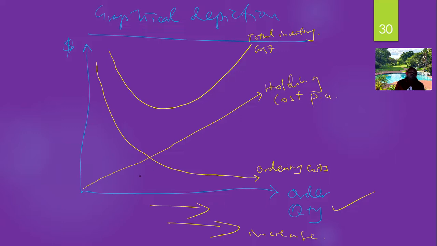The optimum order size is at this level, where the total cost graph is lower. The point at which the graph is lower, that's the optimal quantity. That's where our 750 was. The 750 quantity was at this point.